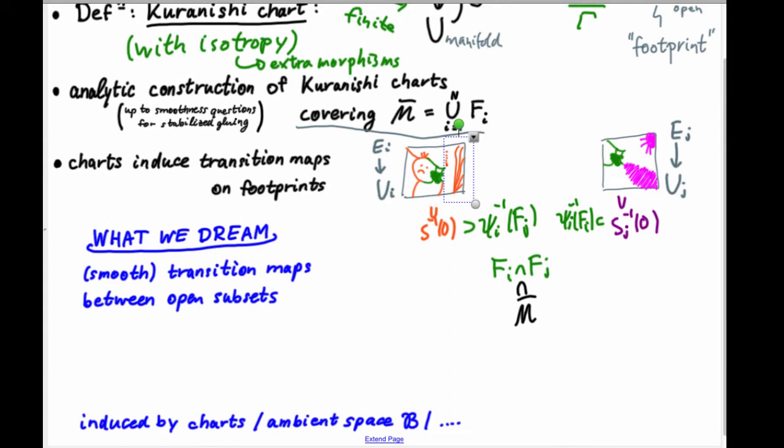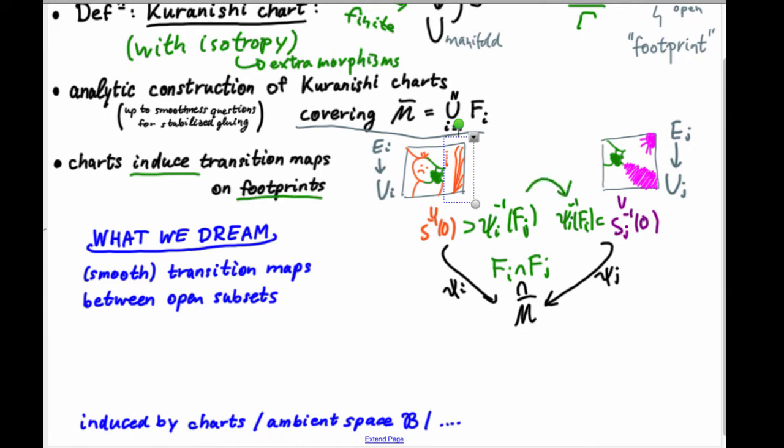But different kinds of crazinesses happen in both of these charts because they cover different open subsets in M bar. So the piece of structure that we have are these local embeddings, and we really only have, so the natural induced transition map is really just on the footprint.